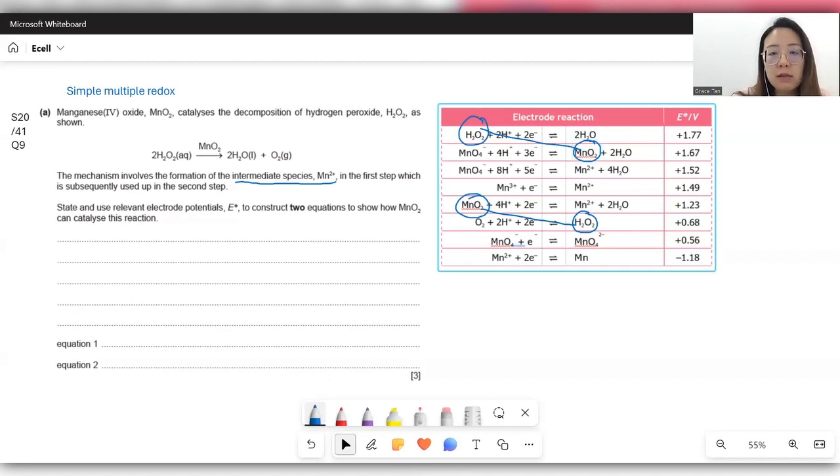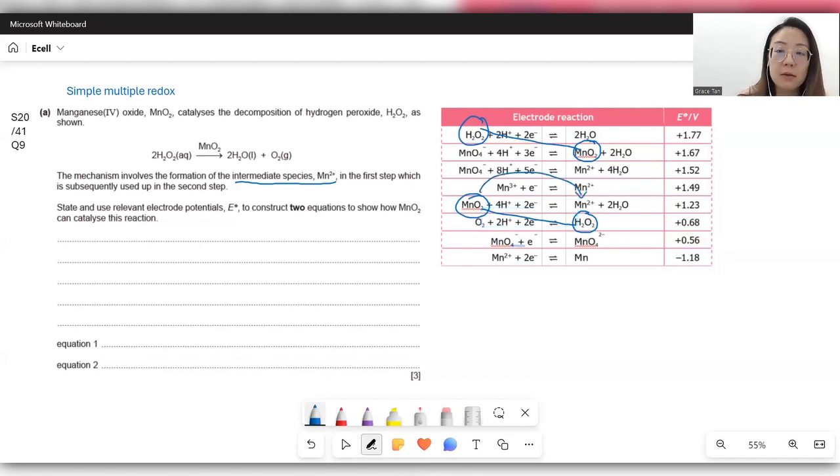If you look at the second possibility, MnO2 here at 1.23 reacts with hydrogen peroxide. MnO2 is more positive, so it will undergo reduction to form your intermediate Mn2+. This is what we want. And your H2O2 being less positive will be oxidized to give oxygen gas, which uses a 0.68 E value.